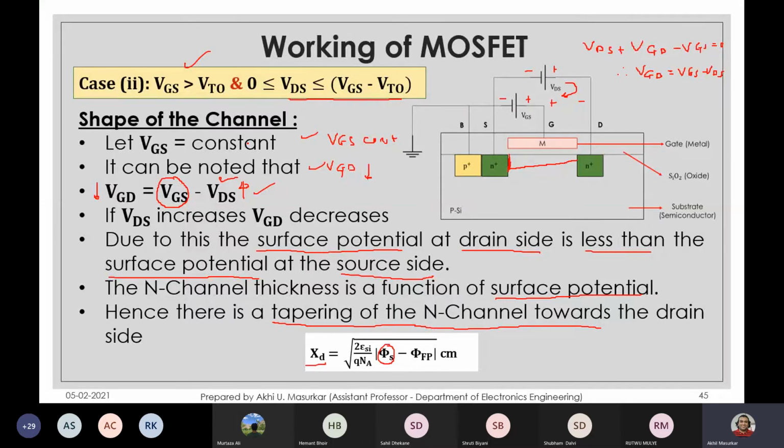Before that, we also need to look at what will be the current in the channel region. So the shape of the channel part I have addressed.